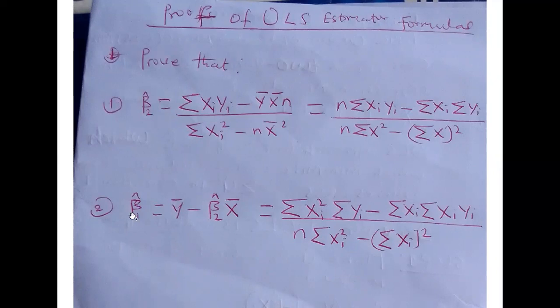We can also prove that this beta 1 hat, which equals this, is equivalent to this one. That will be the subject of our next class. Thank you very much.